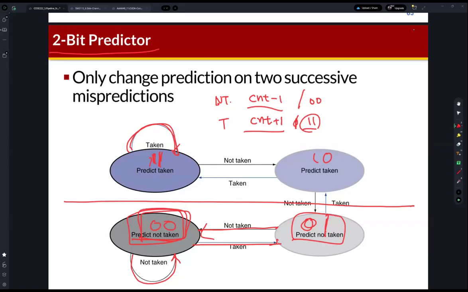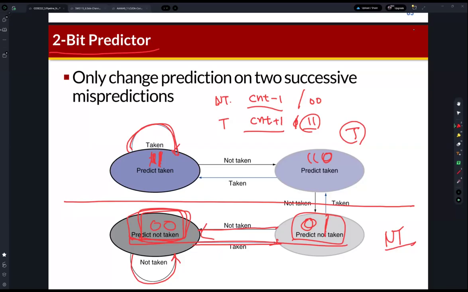For this 2-bit predictor, if the prediction value is 11 or 10, then we predict the result of the branch instruction as taken. And if the value of the branch predictor is 00 or 01, then the branch is predicted as not taken.